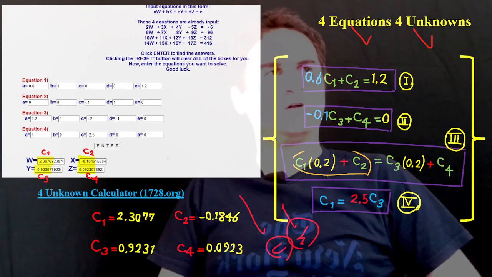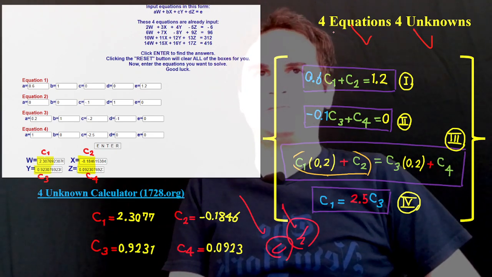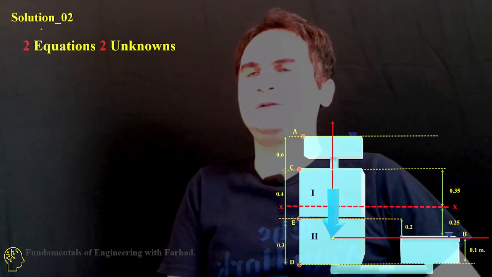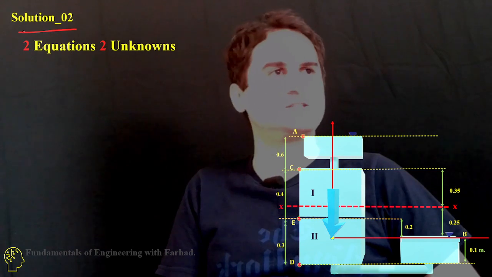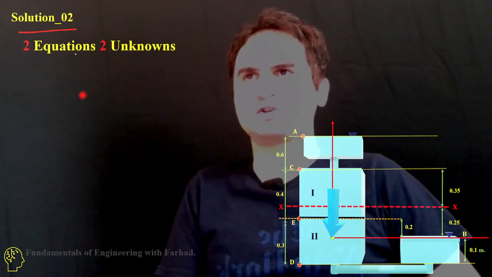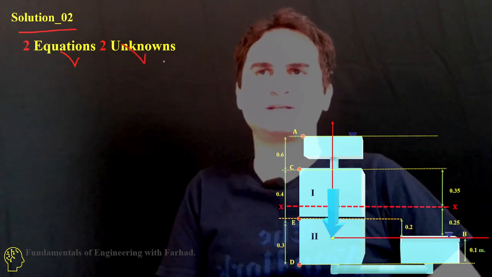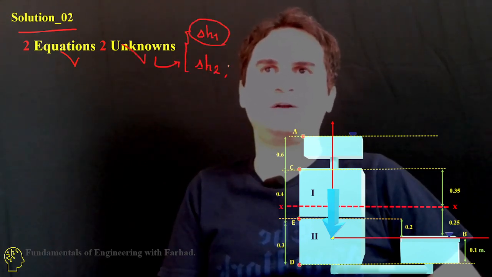If we want to solve it in a simpler approach, this time we modify the solution to eliminate 2 equations. In solution 2, which is easier than the previous solution, we solve a system of 2 equations and 2 unknowns. Our 2 unknowns are delta H1 and delta H2.